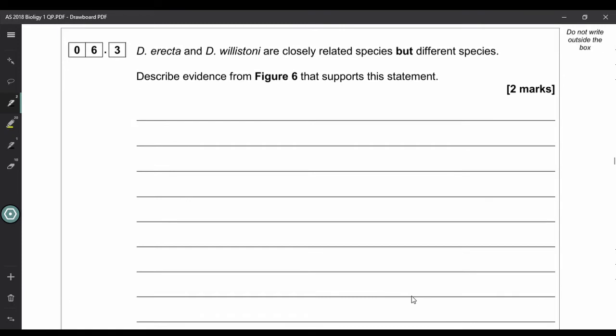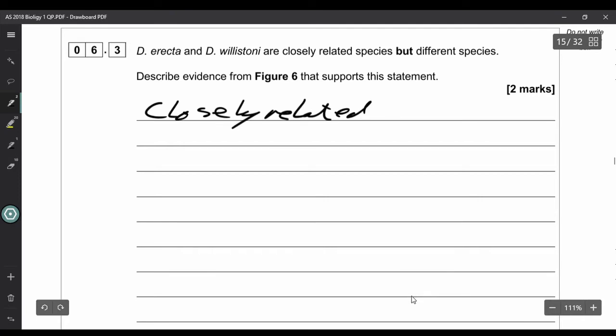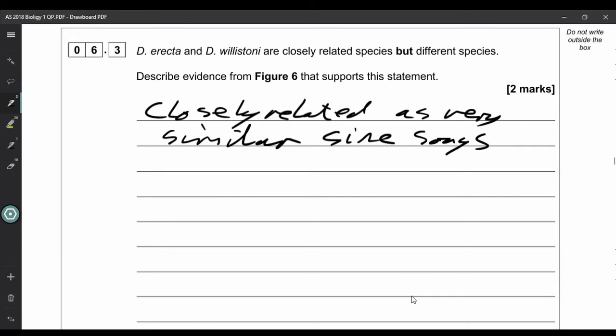So to answer this, we could put something along the lines of: we know that they're closely related as they have very similar sine songs, but we know that they're different species because their pulse songs are different.